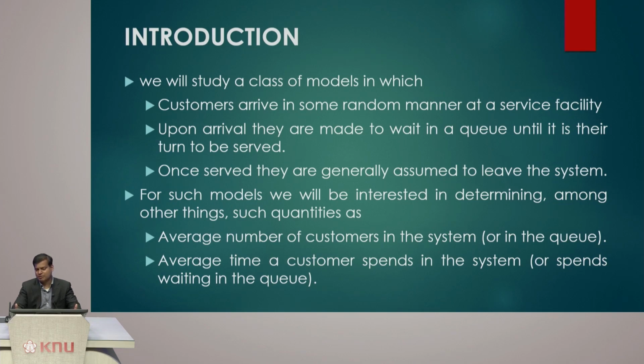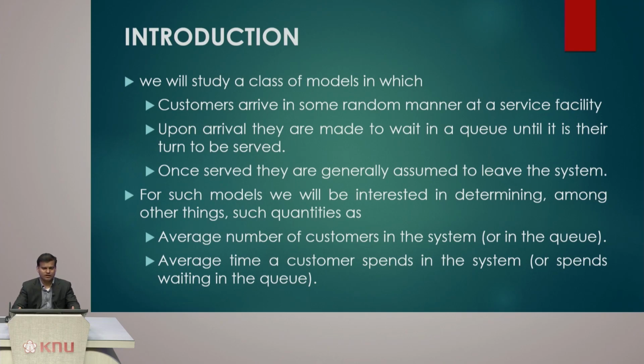It can be a store, a hospital, a bank, anything. Upon arrival, they are made to wait in a queue until it is their turn to be served in most cases. In a very rare case, as soon as the customer arrives, he directly gets served if there are no other customers in the service facility. But generally speaking, he has to wait until his turn.